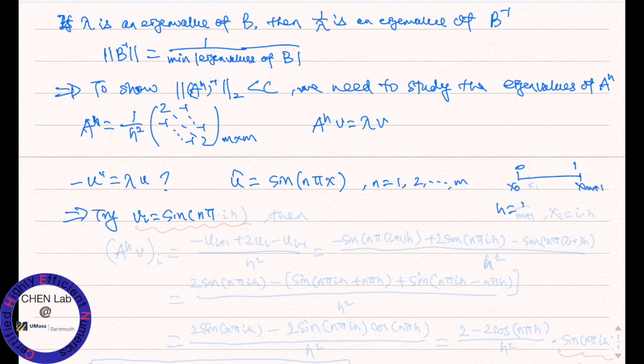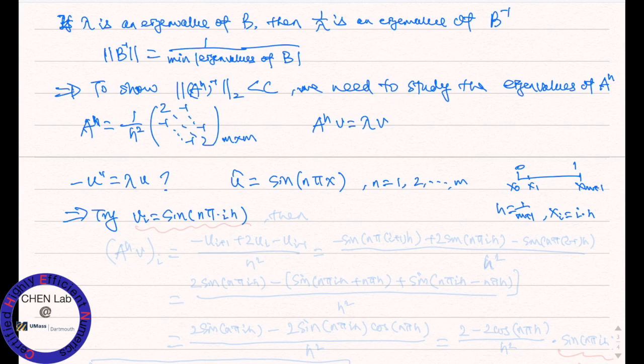Our h is 1 over m plus 1, so xi is equal to ih. This x1 is 1h. So Vi is m pi times xi, which is ih: sine of m pi ih.